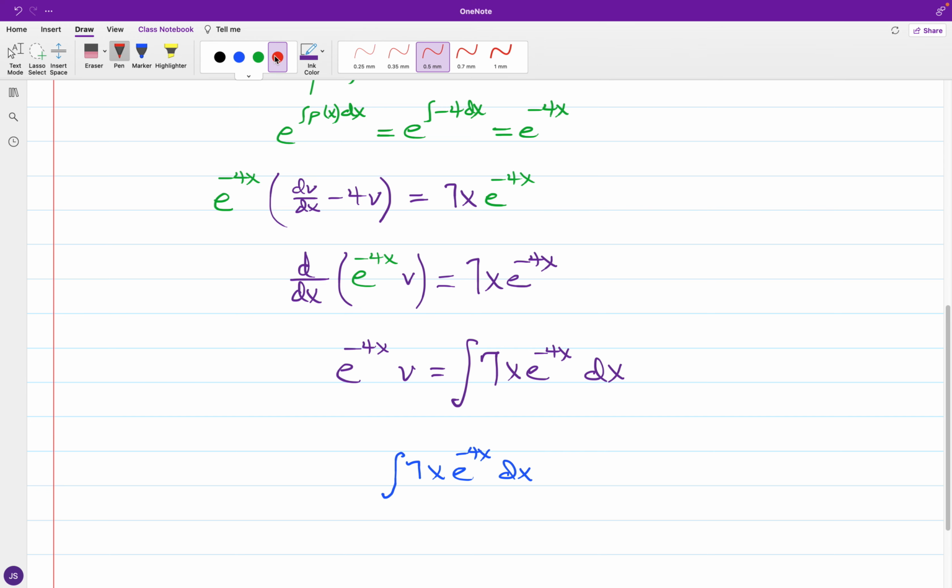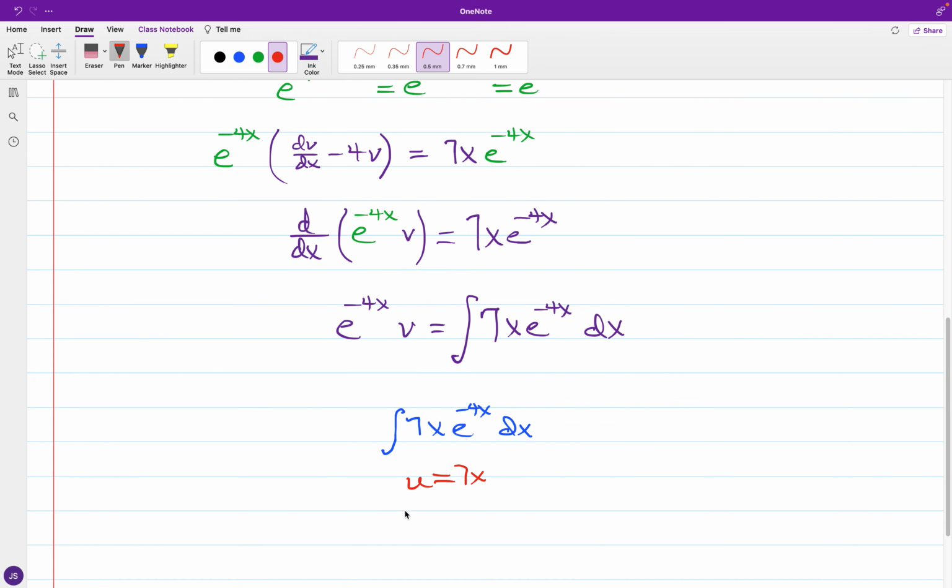We can say that u is equal to 7x, and du is equal to 7 dx, and dv is e to the negative 4x, and the antiderivative is negative 1/4 of e to the negative 4x.